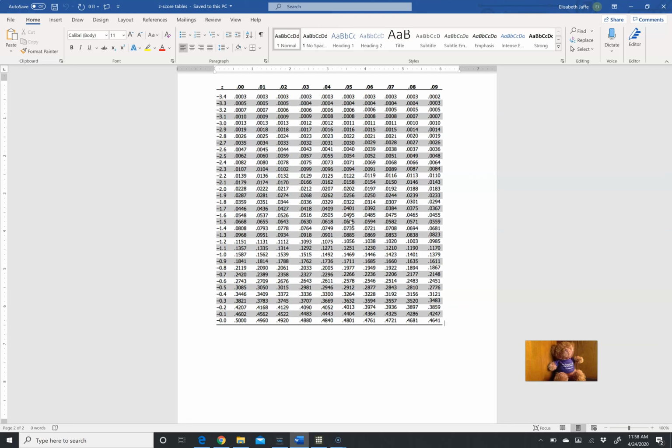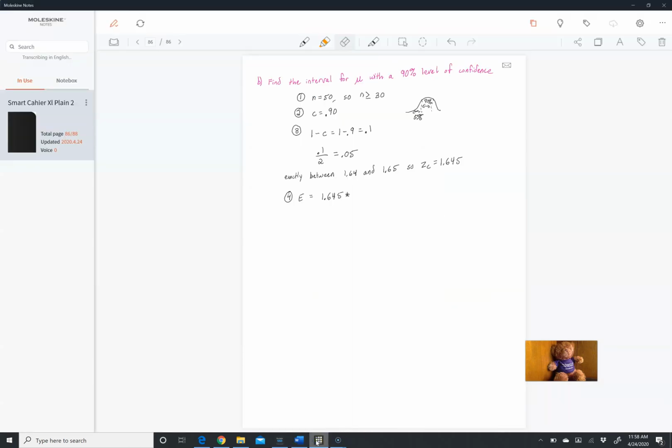Okay, so now we plug in. The margin of error is equal to 1.645 times 15.1 over the square root of 50. So nothing else changed. It's just that z-score that changes.